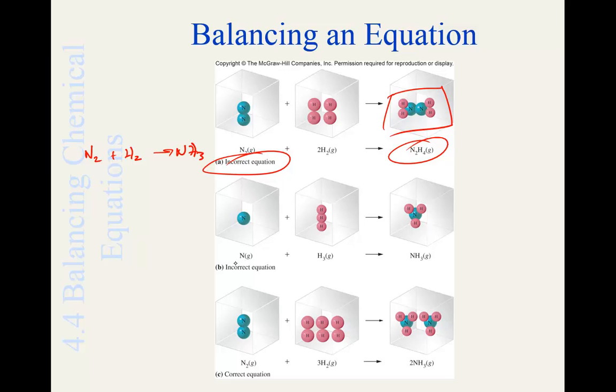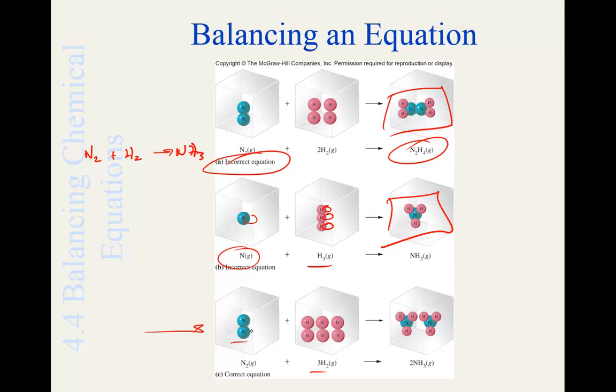In the second equation, what's not right is nitrogen occurs as a diatomic substance, not an individual monoatomic atom. And hydrogen doesn't occur as a triplet. It occurs as diatomic atoms, like so. So they do have the correct product, ammonia, NH3, but they don't have the correct reactant. So here's what it should be. Diatomic nitrogen, one of those, reacts with 3 molecules of hydrogen.